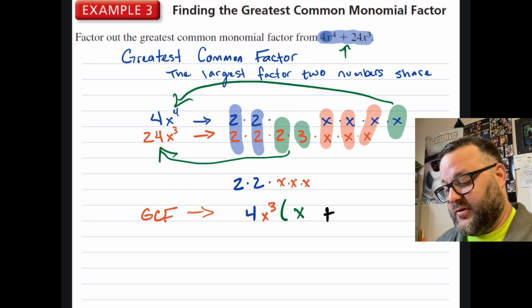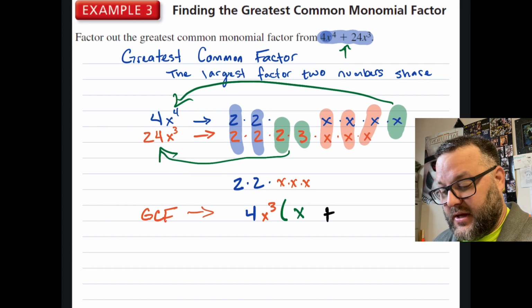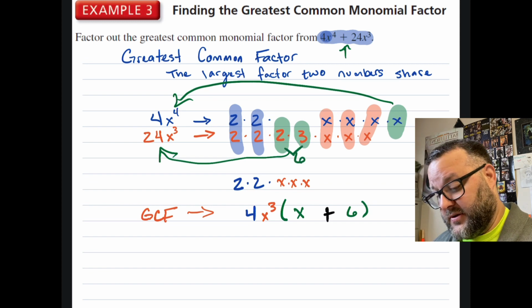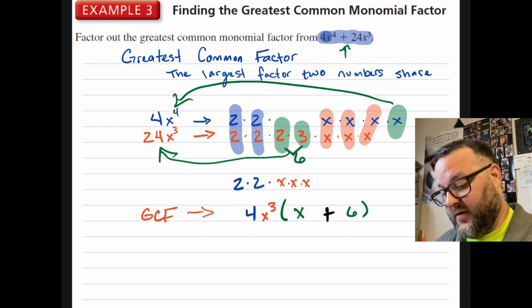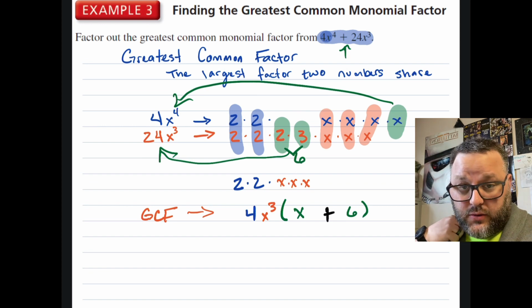We had 2 times 3, which is what was left of the 24x cubed. And so 2 times 3 is 6, and I'm just going to write that here. 2 times 3 is our 6, and that's where that guy came from. So our greatest common factor is 4x cubed.